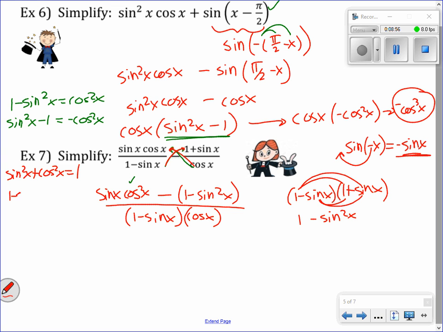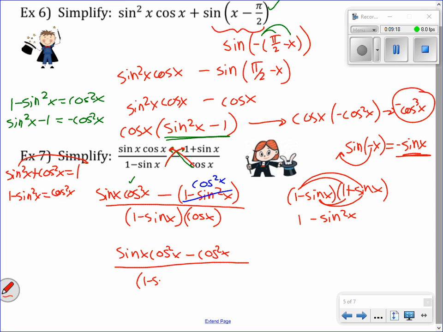So 1 minus sine squared would equal, bringing that sine squared over, cosine squared. So I'm going to replace this with cosine squared. Okay, so I got sine x cosine squared x minus cosine squared over 1 minus sine x and cosine x.